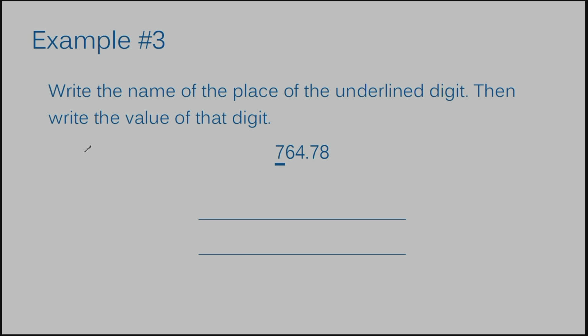Example number 3. Write the name of the place of the underlined digit, then write the value of that digit. The 7 is in the hundreds place.